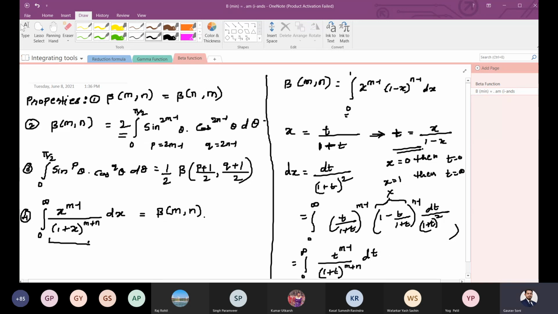Look, t doesn't have a lot of role here. What is playing a role is m and n. Okay, so I can simply put t is equal to x and I can get the required expression. So just this substitution is very much important. If you identify the substitution, you can get to the end.